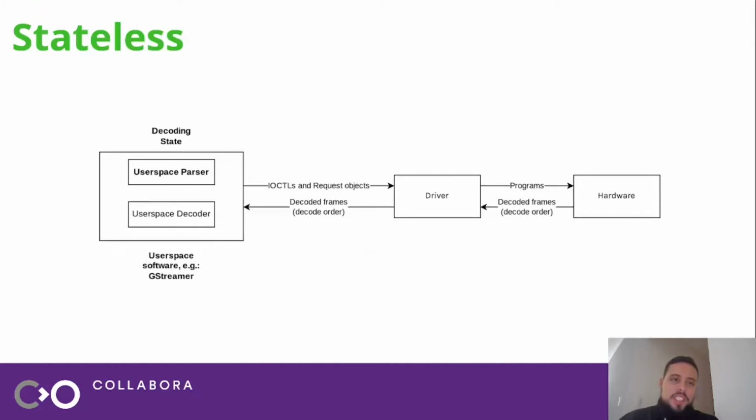And on the stateless block diagram, I've also made a point where this first box used to read just guest user space. Now it reads user space parser and user space decoder, just so that we know that there's a parser component in there somehow, and this parser will usually be part of the client user space program, for instance, in this particular case, GStreamer.